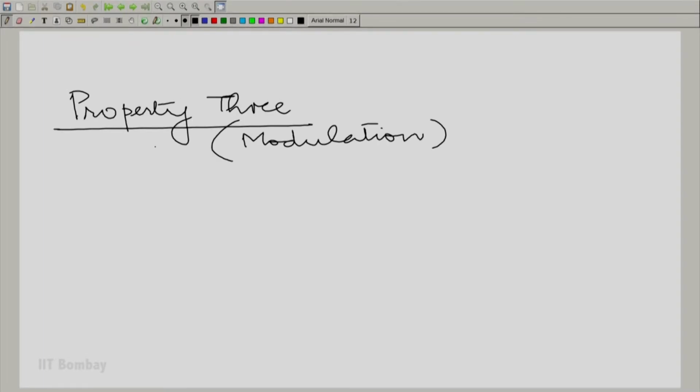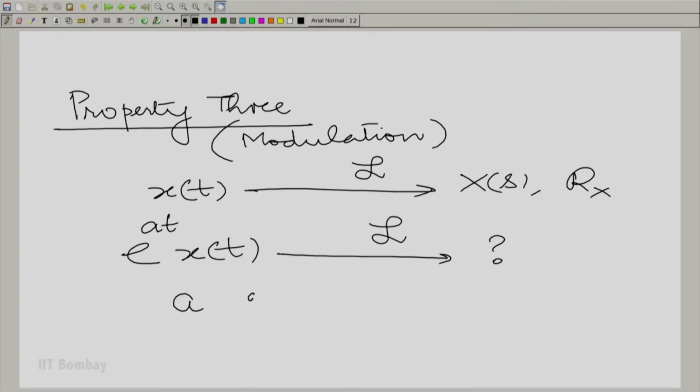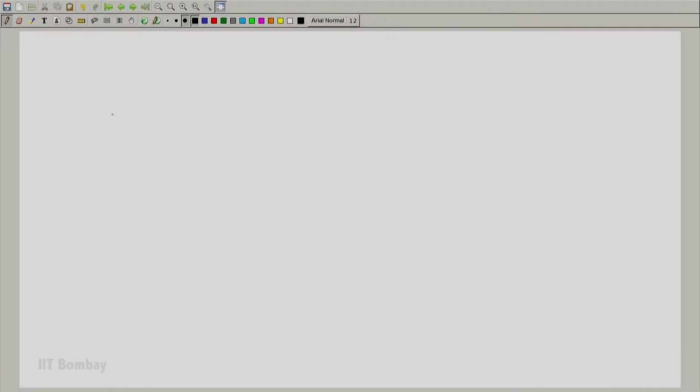So, in other words, the question that we are asking is, if I have x t with a Laplace transform of capital X of S and script r subscript capital X as its region of convergence, what is the Laplace transform of e raised to the power a t times x t? Of course, it depends on a, I agree. A is a constant, could be a complex constant in general. Very simple, let us see.